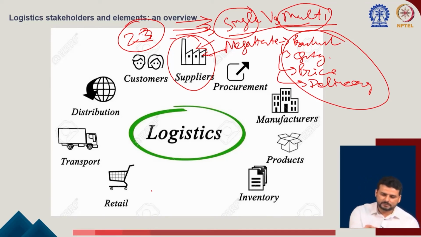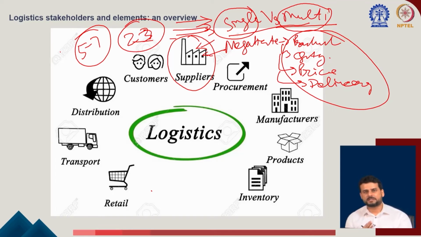So, maybe that number can increase to 5 to 7, but again with too many vendors, it is very difficult to retain all those vendors for a longer period of time. The first point is whether you are able to give them a large number of orders, because if the order quantity is also less, how will you negotiate with respect to price?